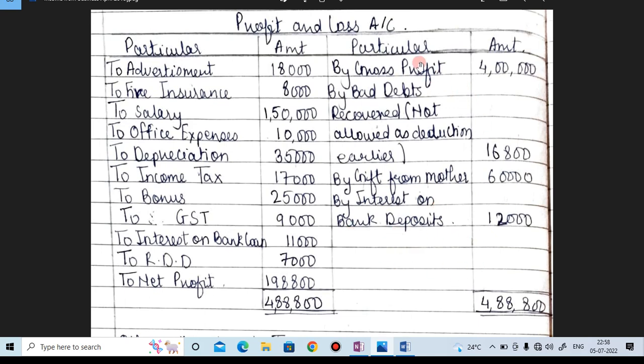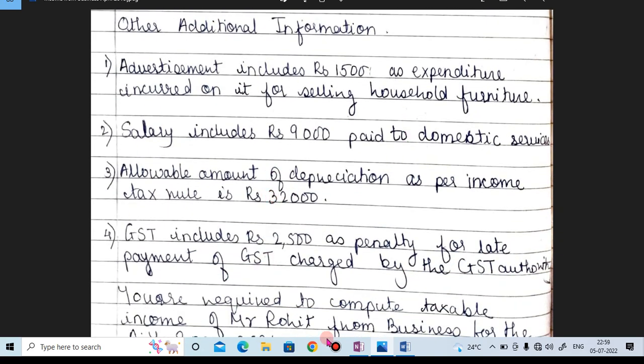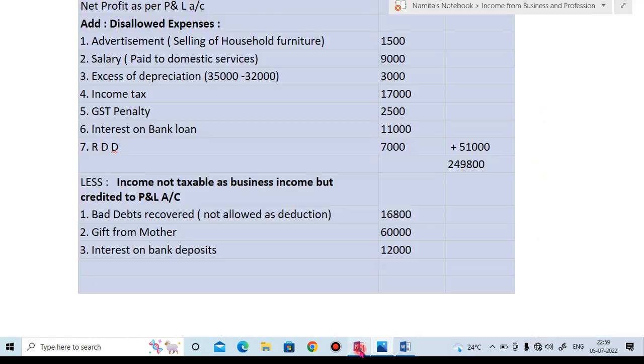So all the particulars in the credit side are over. Debit side, credit side we have taken into consideration. Now additional information we have also solved. So now add the bad debts amount 16,800, 60,000 plus 12,000, we get 88,800.